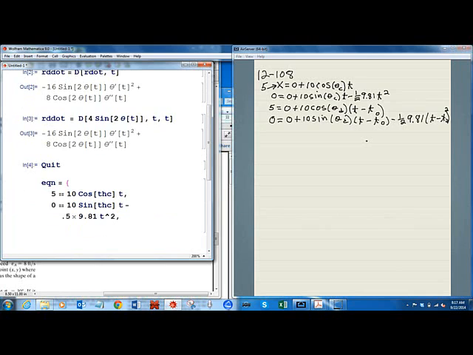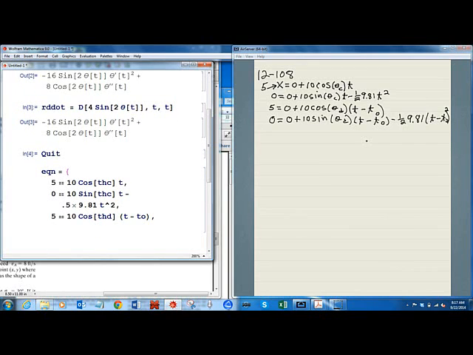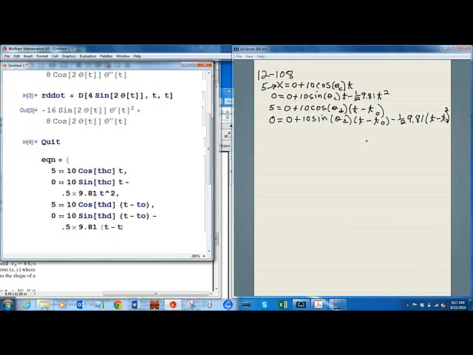And third equation, 5 equals 10 cos THD times t minus T0. And then the last one would be 0 equals 10 sine THD times t minus T0, minus 1/2 9.81 times t minus T0 squared.